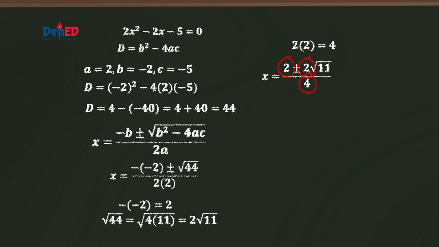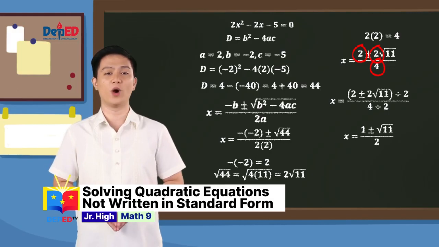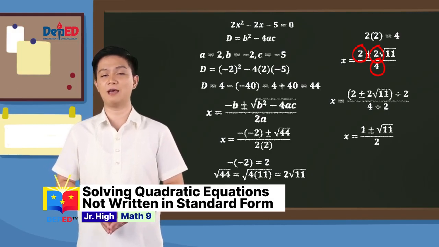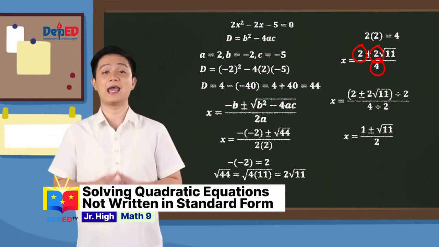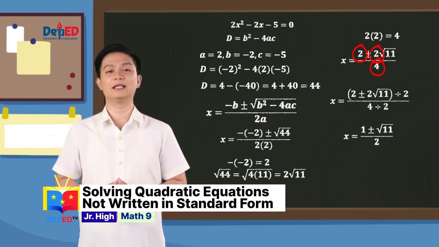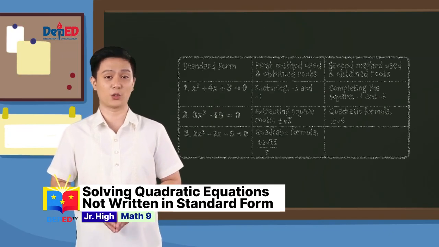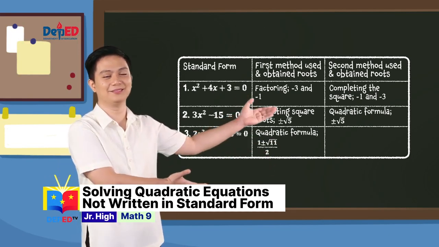It means we can divide both the numerator and the denominator by 2. And the resulting equation is x equals 1 plus or minus square root of 11 all over 2. And this equation already displays the two unequal real and irrational roots of the equation. Let's record this in the table.